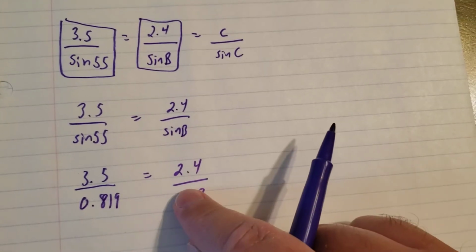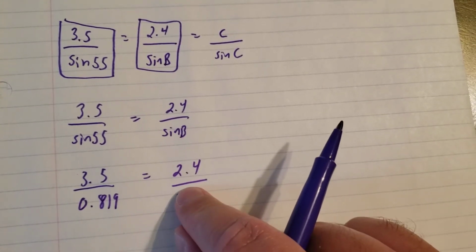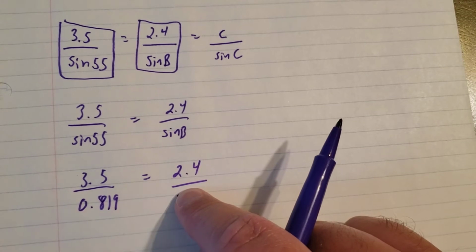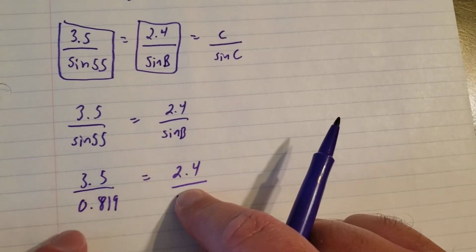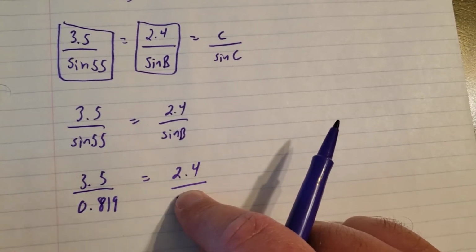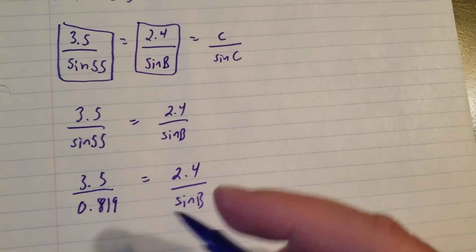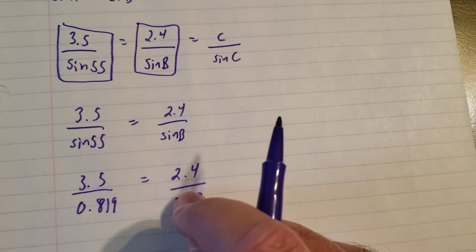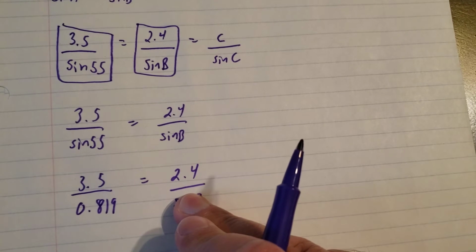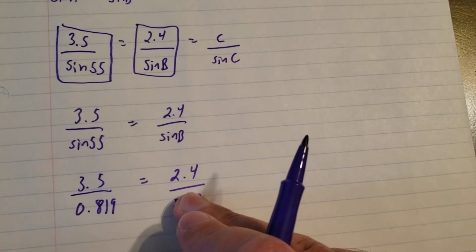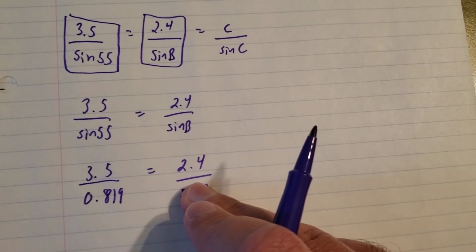Okay, so if I'm going to cross multiply to find what's under here, I would multiply 2.4 by 0.819 and then divide by 3.5. So I can say that whatever's underneath my finger here is equal to 2.4 times 0.819 divided by 3.5.